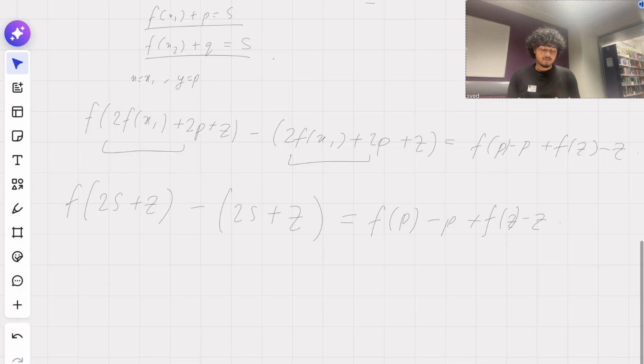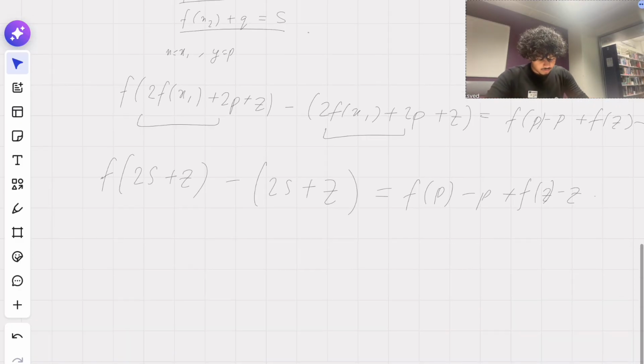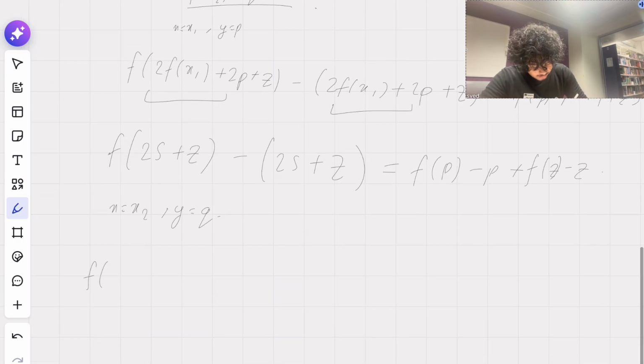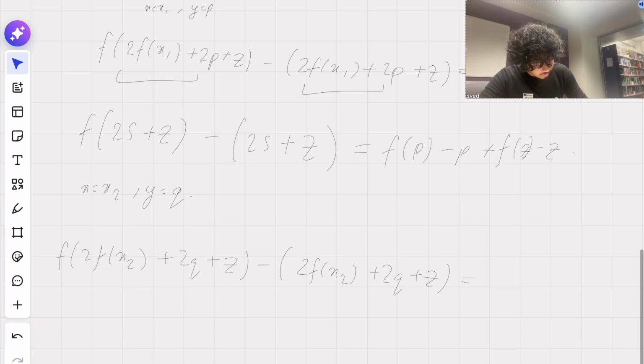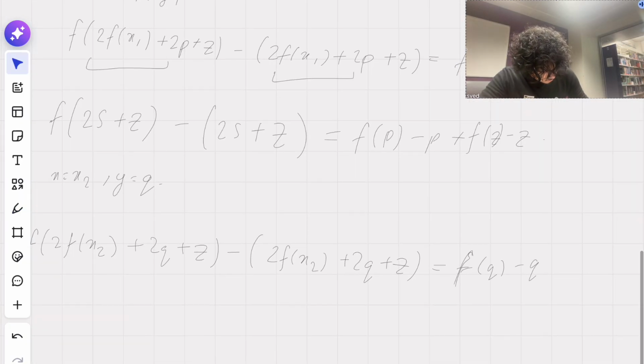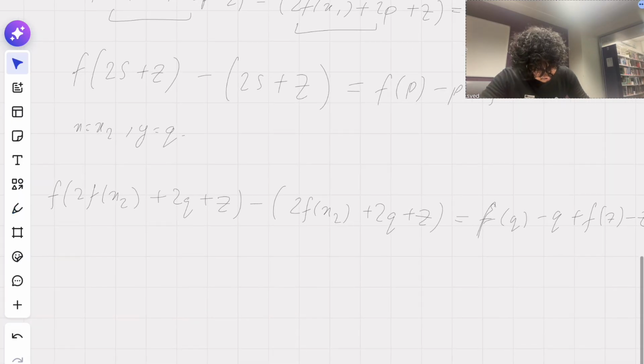Now I'm going to do the exact same thing with q. So let's test x equals x2 and y equal to q. And then I get that f(2f(x2) + 2q + z) - 2f(x2) + 2q + z is equal to f(q) - q + f(z) - z.